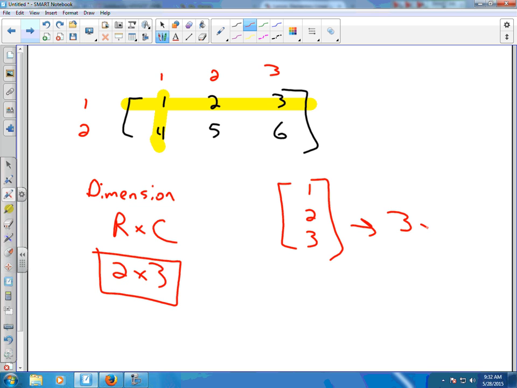How many columns? 1 column. I always remembered it like an RC code, so RC or radio control. You describe the row first and then the columns.